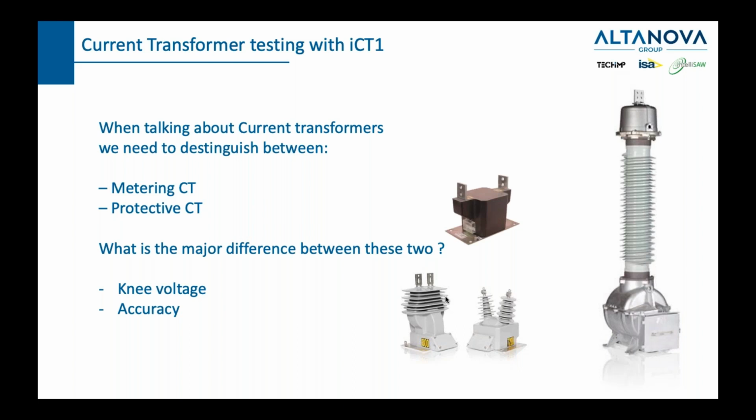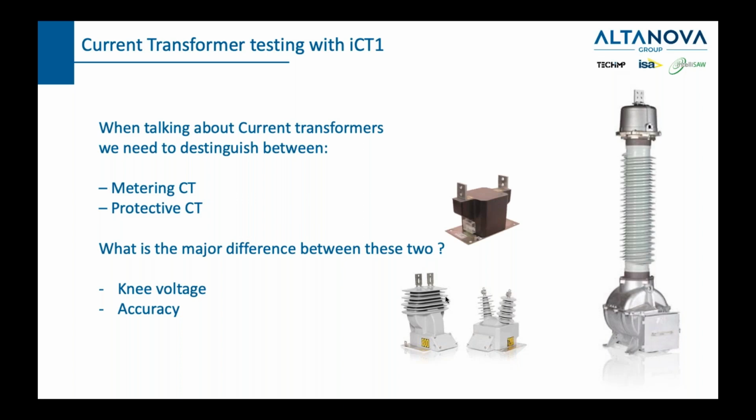So let's first see what the biggest differences are between a metering CT and a protective CT. Well, to put it bluntly, it's the knee voltage and the accuracy. The knee voltage for the metering CT is at very low voltages, a few volts or a few tens of volts. We will see that in the upcoming slide. And for the protective CT, the knee voltage is very high.